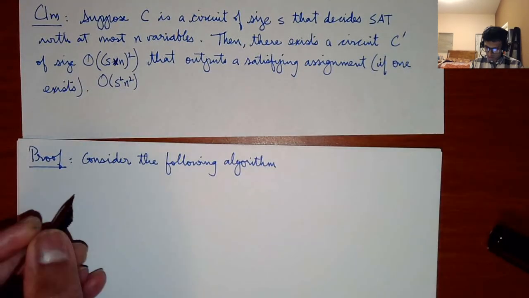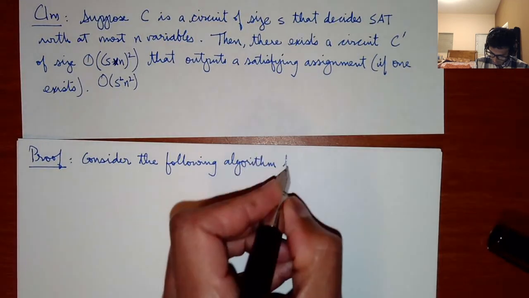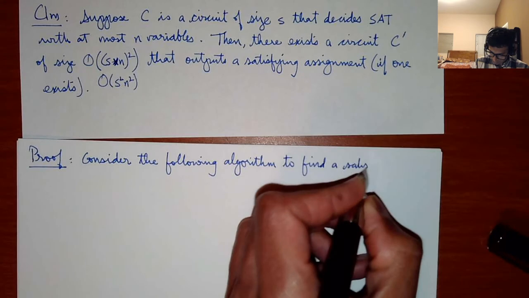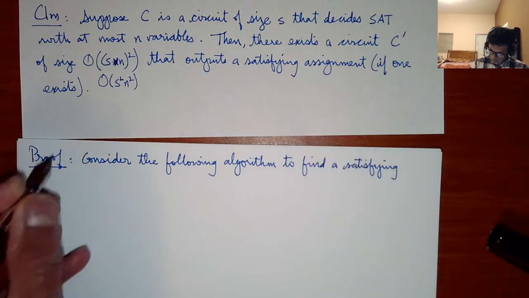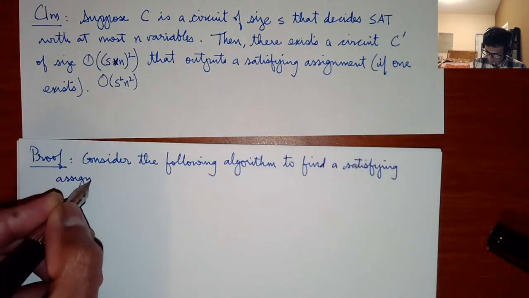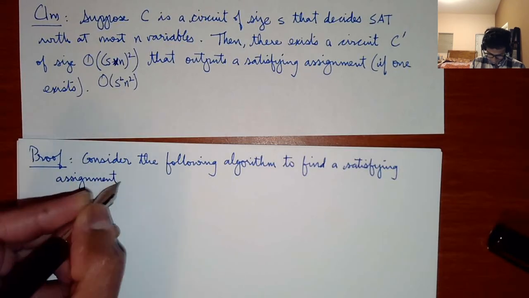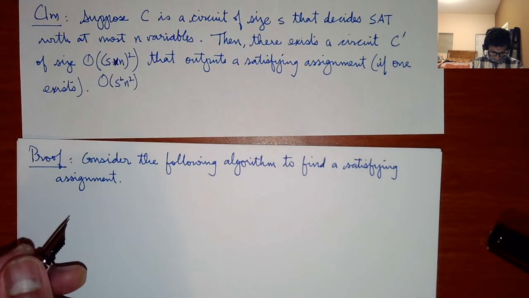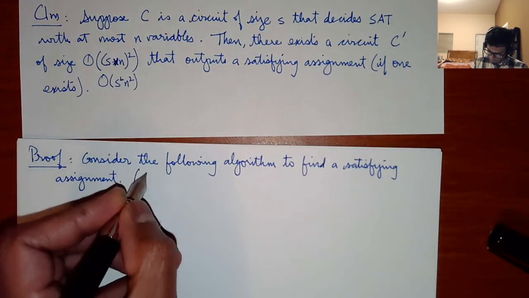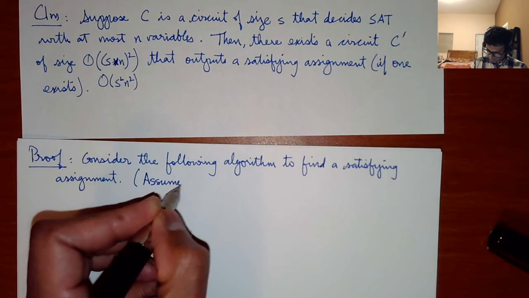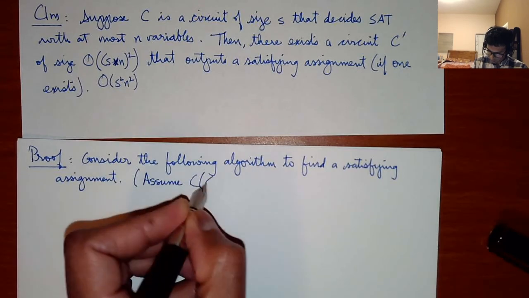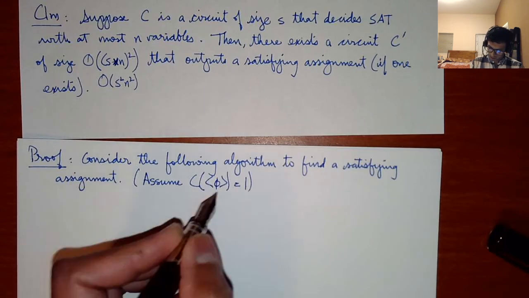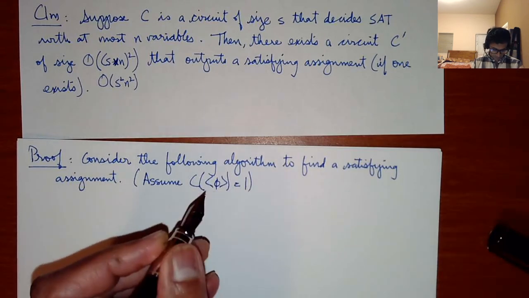So consider the following algorithm to find a satisfying assignment. Assume that C of phi is equal to 1. So let's assume that actually the formula is satisfiable.